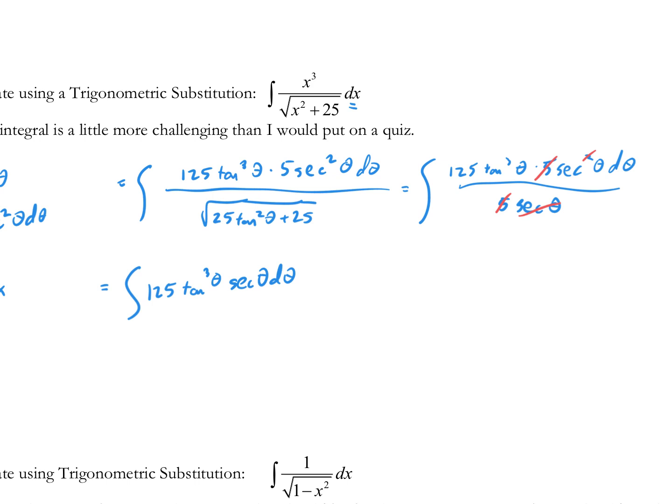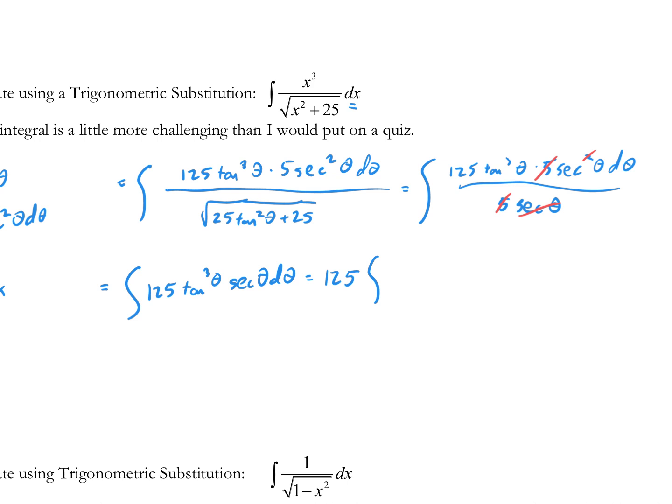Okay, and this is the part where this one is a little bit more challenging than I would put in a quiz, because it also asks you to do stuff from 3.2. Now you have to play around with the exponents and figure out the right u substitution. So this part of this problem you would not see on whatever the quiz is. Okay, so let's see. I'm going to take my 125 out first, times the integral.